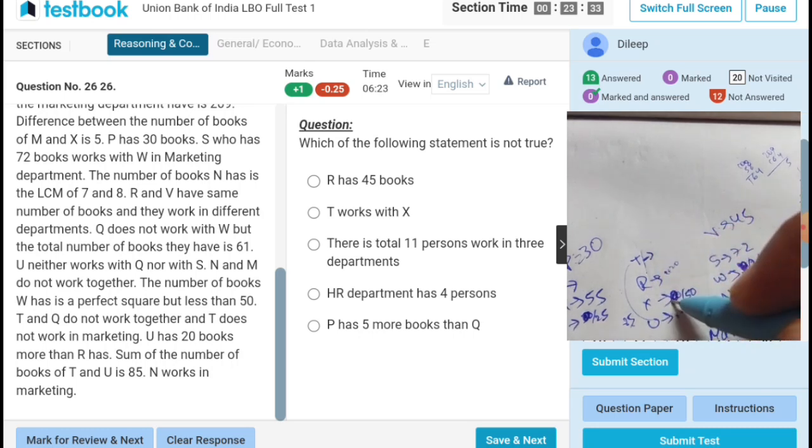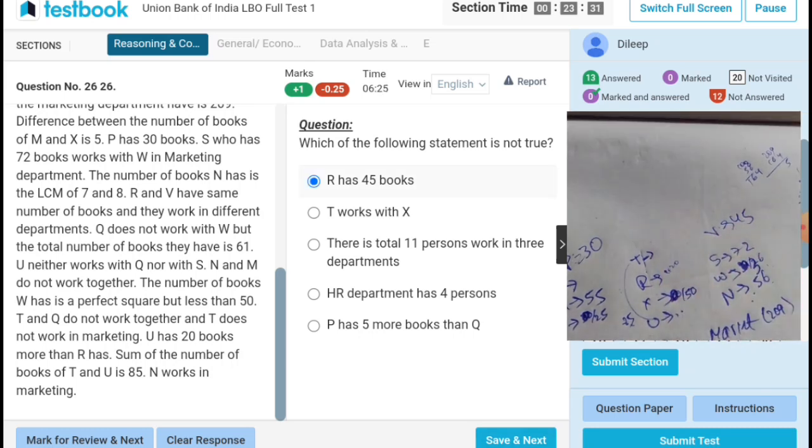Works with X. 11 persons, HR 4 persons, so 209.